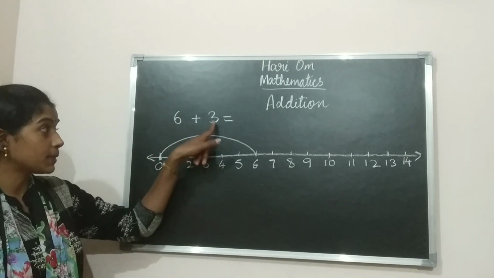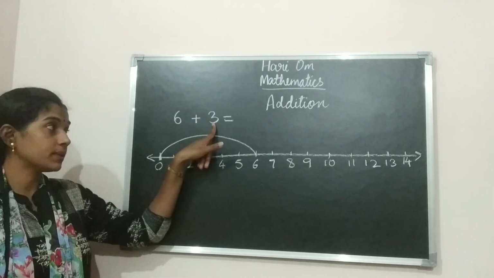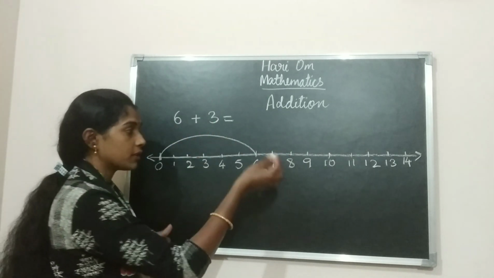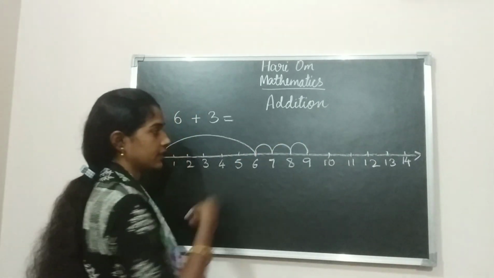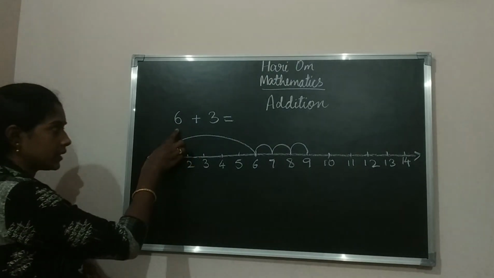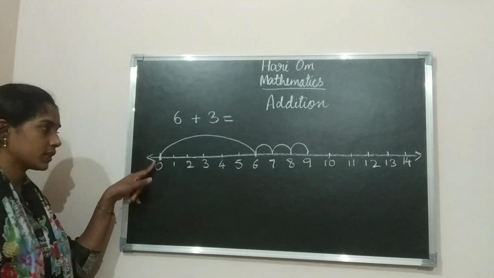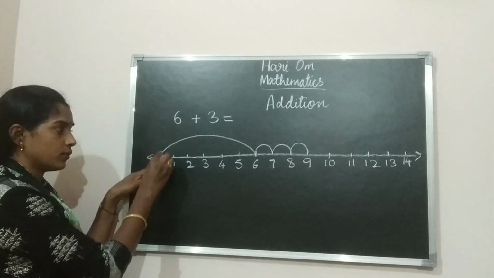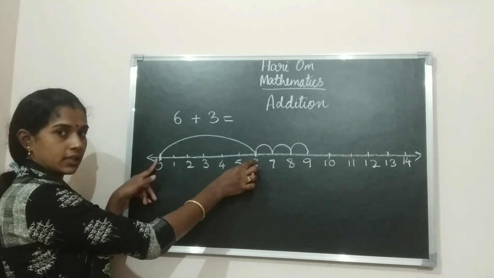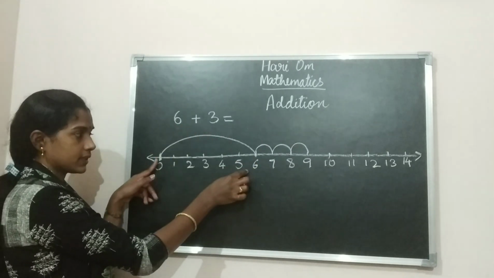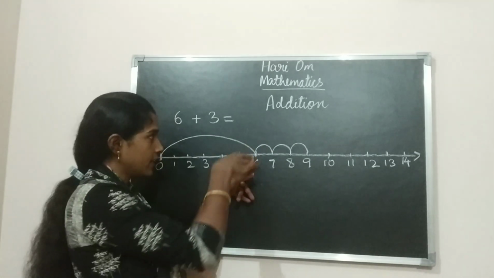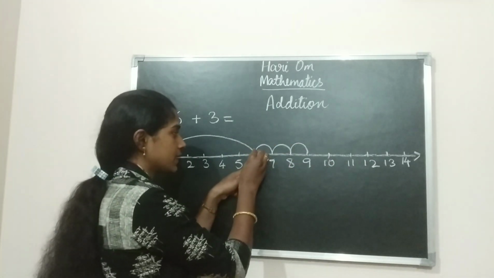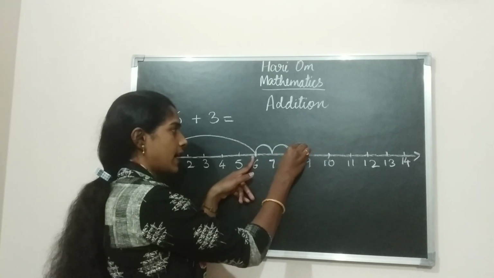Now 6 plus 3. What is the next number? 3. So 3 times we are going to count and jump. 1, 2, 3. We begin from 0, jump to 6, and then from 6 we jump 3 times: 1, 2 and 3.